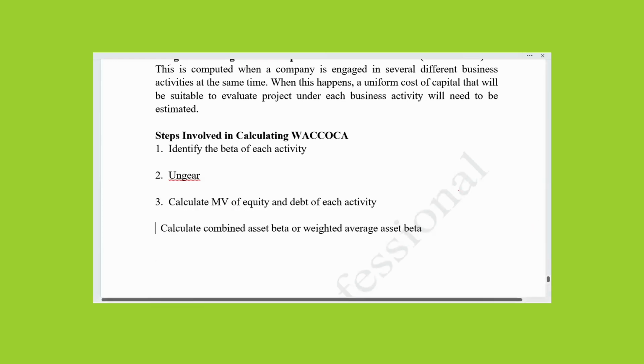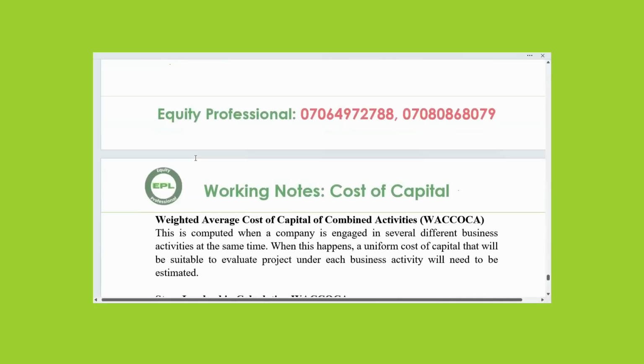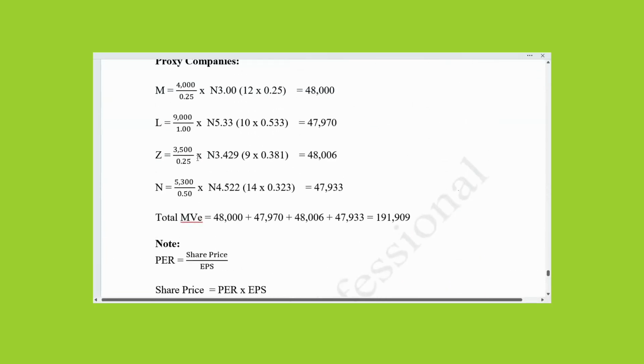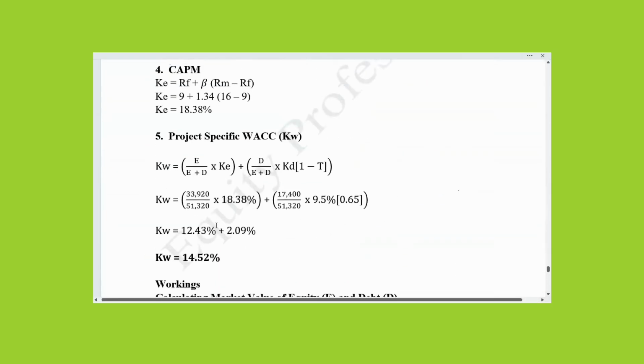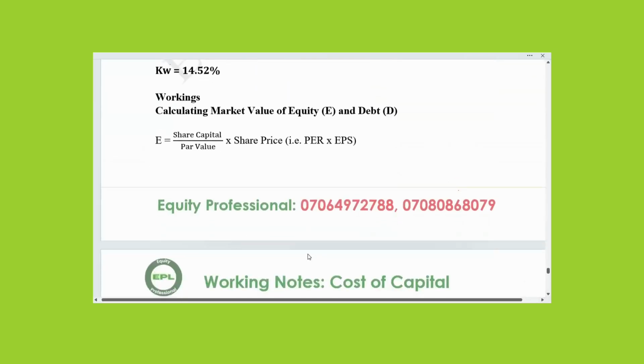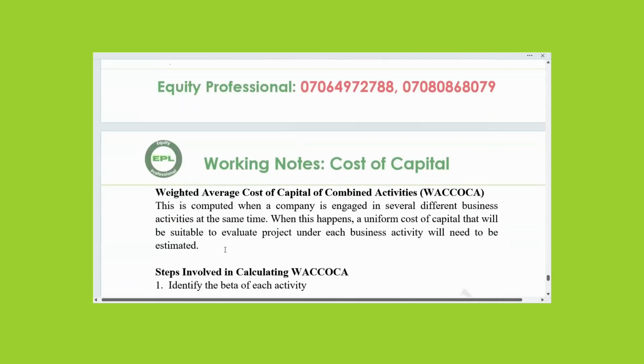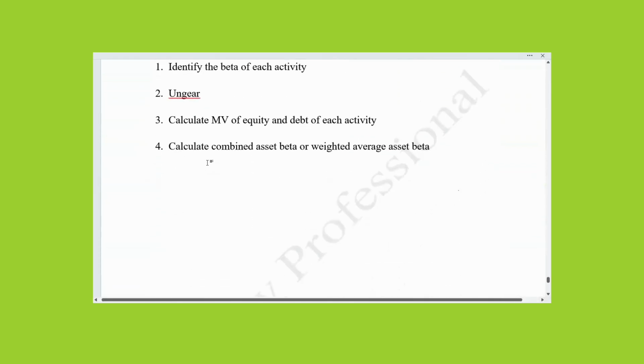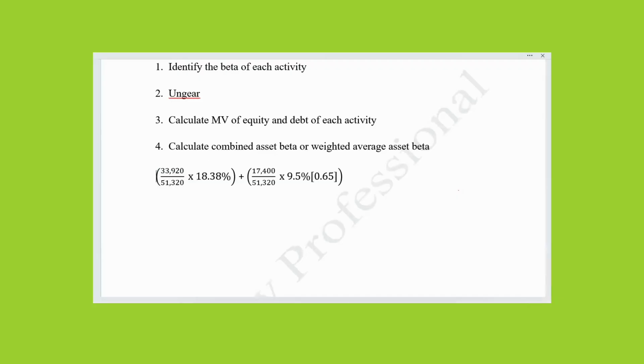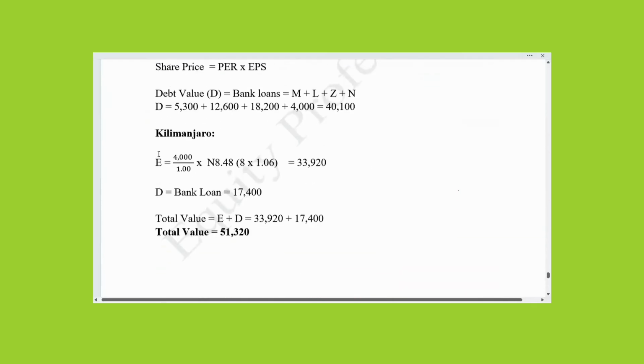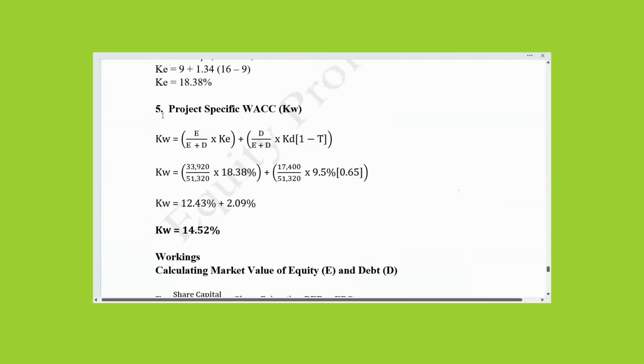Let me show you. Let me see if I can see a formula that we can use. Okay, let's use this. So, to calculate weighted average asset beta, that is beta assets of the combined. Let me use the beta symbol.